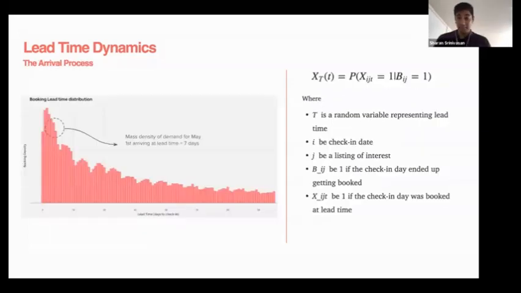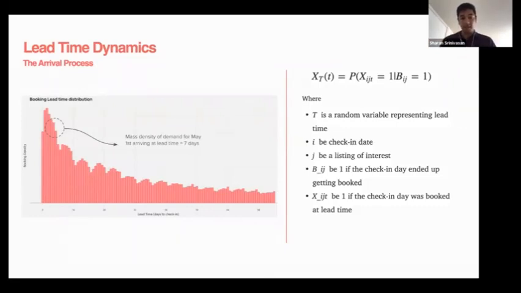Here's a more concrete empirical example of what a lead time process would look like. This, for example, is the booking distribution for San Francisco, with some of the numbers blurred out. Every bar here represents what fraction of bookings for a certain night, let's say December 1st, comes in at the lead time specified by the x-axis.